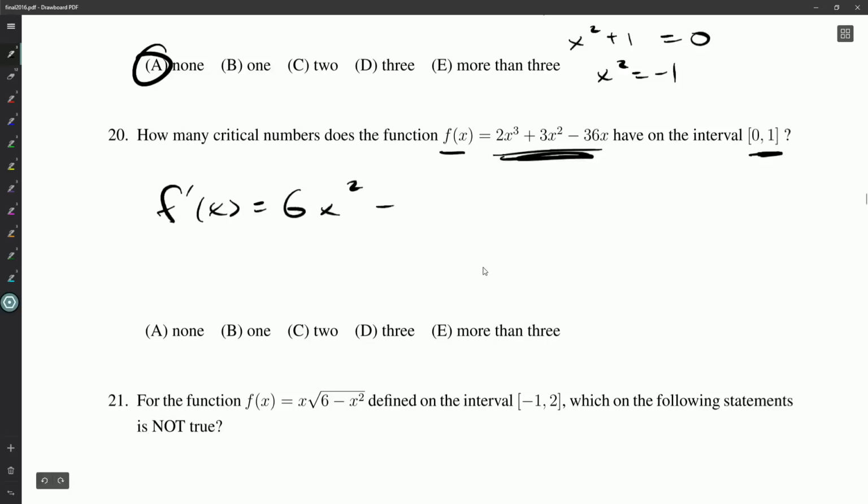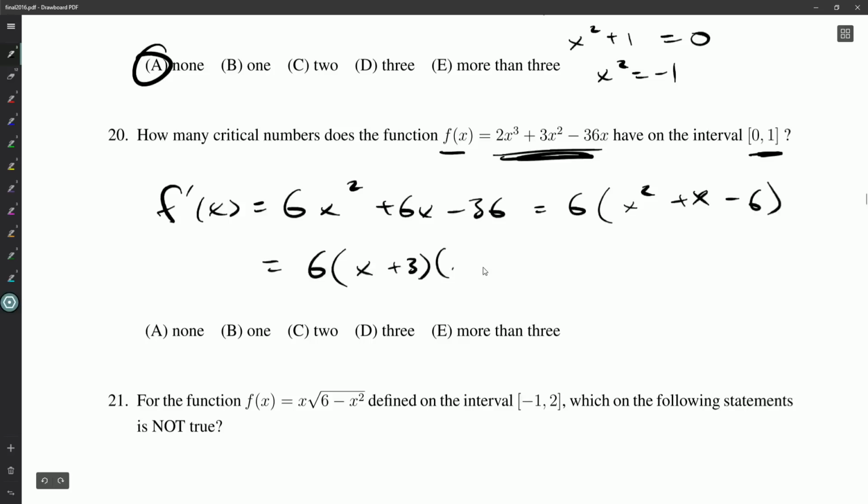So 6x squared plus 6x minus 36. Take out a factor of 6 there. And we could use the quadratic formula if we want to, or we could try and factor this. So it'll be x plus 3, x minus 2. And this only has roots, and therefore critical numbers, at negative 3 or 2, and so none of them are in this particular range.